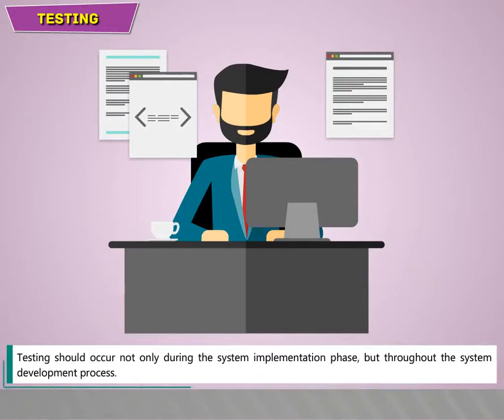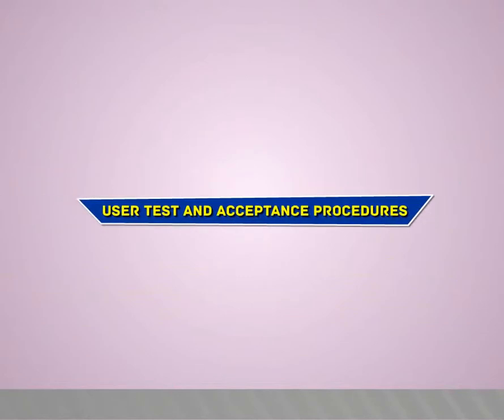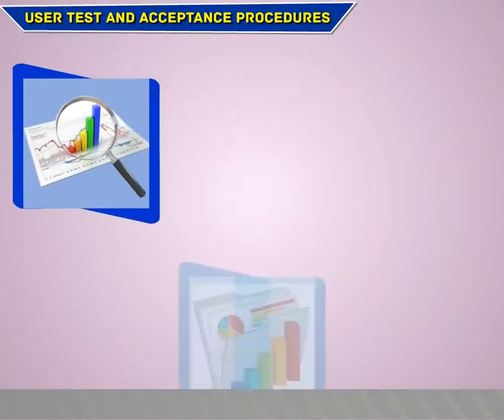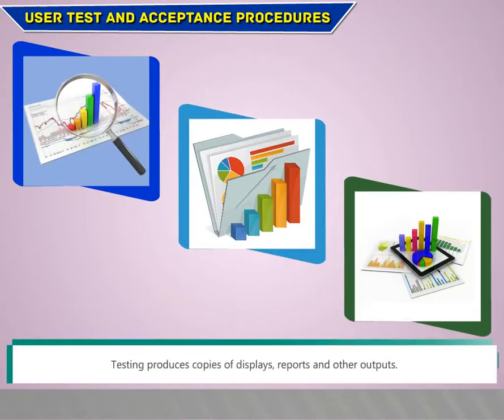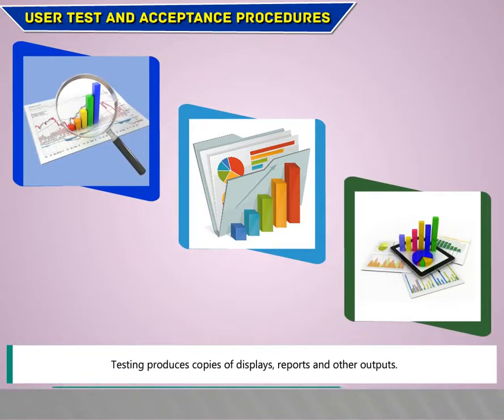Testing should occur not only during the system implementation phase, but throughout the system development process. User test and acceptance procedures. Testing produces copies of displays, reports, and other outputs.